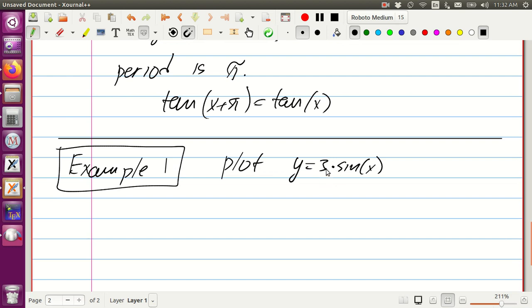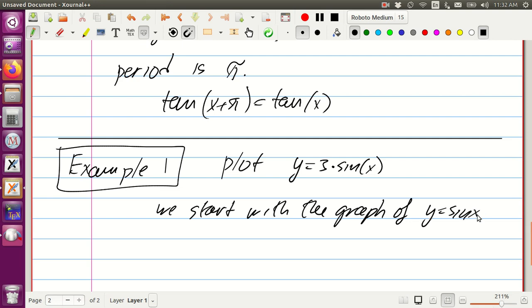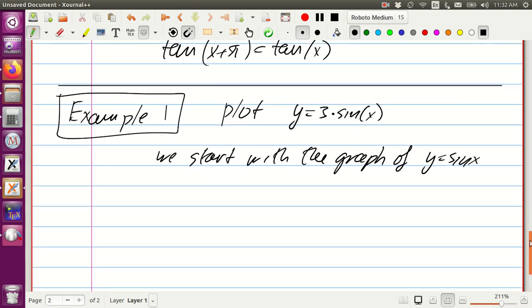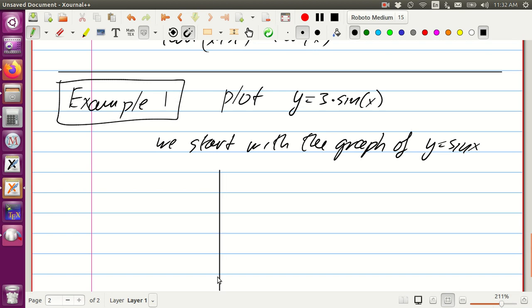And we talked about this, it's a vertical stretching, so we start with the graph of y equals sine of x, and then we're going to stretch it by the factor of 3. So we have a graph of sine.